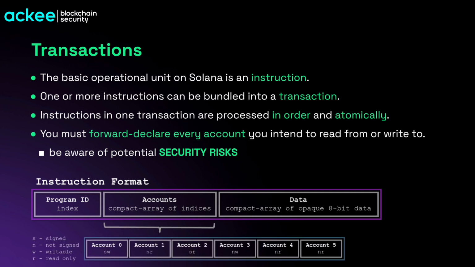If we look at the accounts, we can specify a different number of accounts that we need in our transaction. For example, in this case we're specifying 5 or 6 different accounts. All of these accounts can be signed or not signed, and writable or read-only.